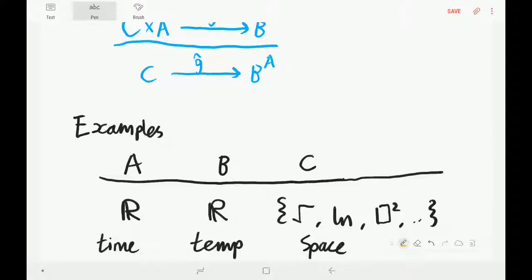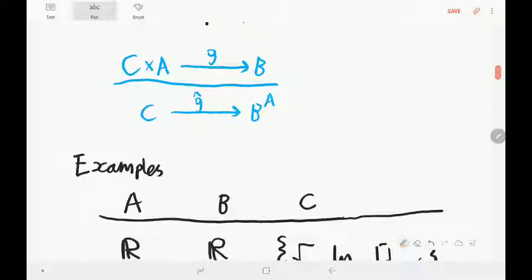So associating each point in space with a sort of log of what temperature it has at different times is equivalent to saying what the temperature is at these different points in space-time. Okay.